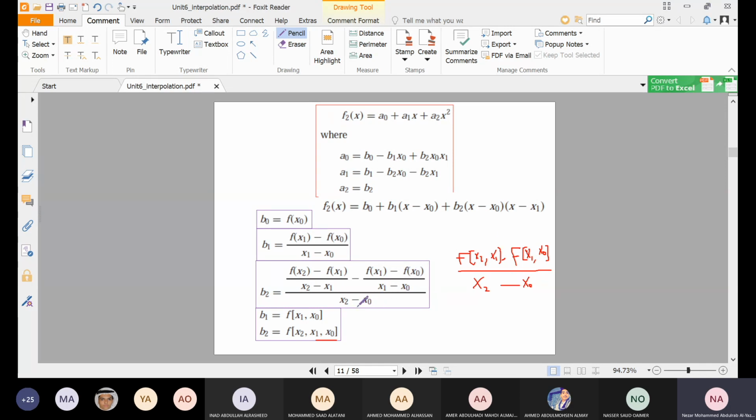All of this is over the maximum interval that I take, for example from x0 to x2. This gives us the curvature. So if I know the value of x, I can compute b0, b1 and b2, and then substitute here. From the table we can estimate the value of the function, for example at ln 2, if you use the previous example.